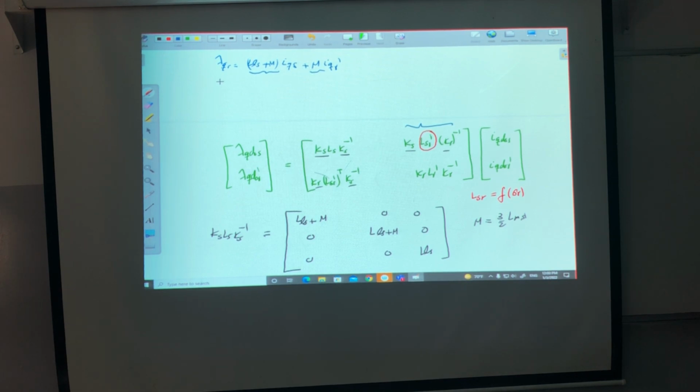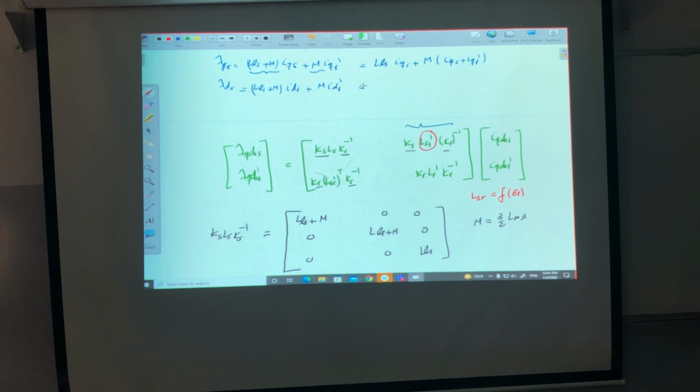The same thing if I need to write lambda ds, equal to what? LLS plus M IDS plus M IDR dash, correct? Now someone will say that I can write this as LLS IQS plus M and add the currents together, IQS plus IQR dash, correct?